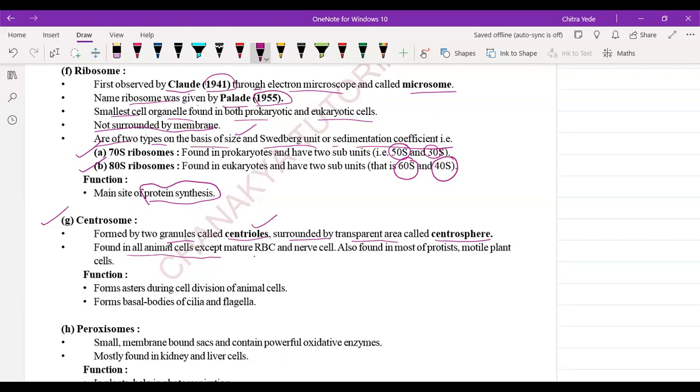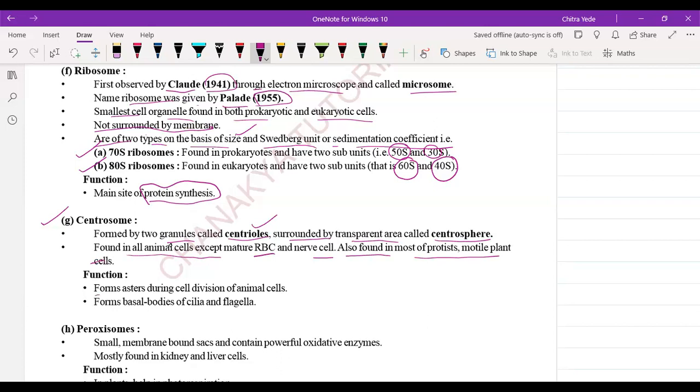But in animal cells, in RBC and nerve cells, there is no centrosome. They are also found in most protista, like motile plant cells. Motile means they are long cylindrical cells, so they have centrosomes.